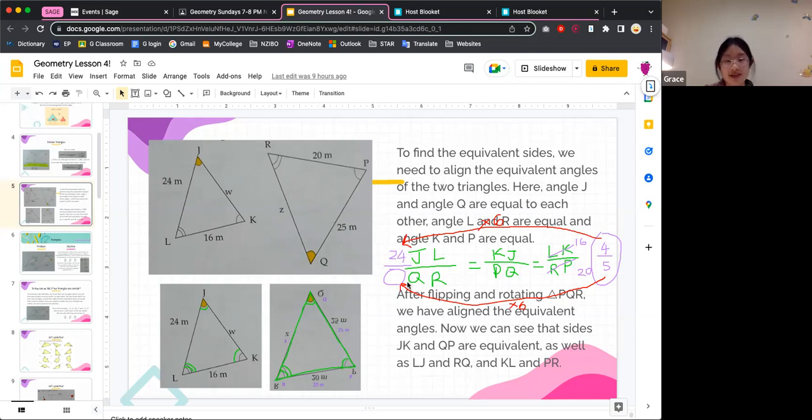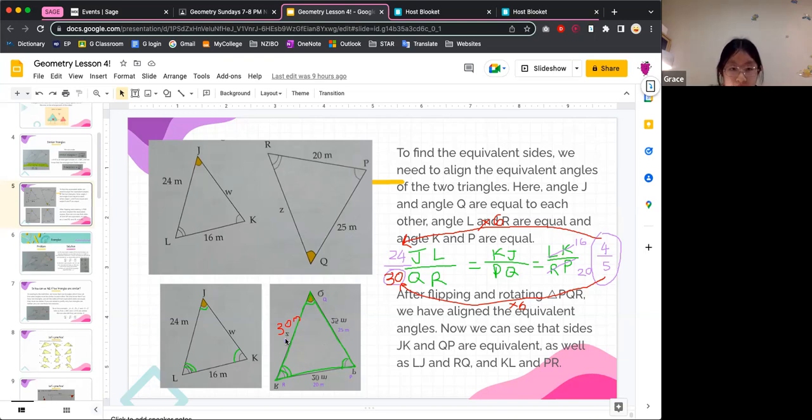I just see someone's typed in the chat, 30. Yeah, nice. So 30, that tells us that QR, this one over here, is 30, and don't forget our unit, meters.